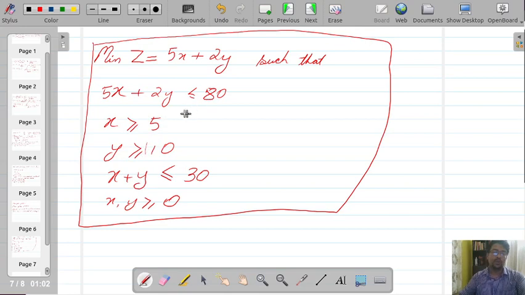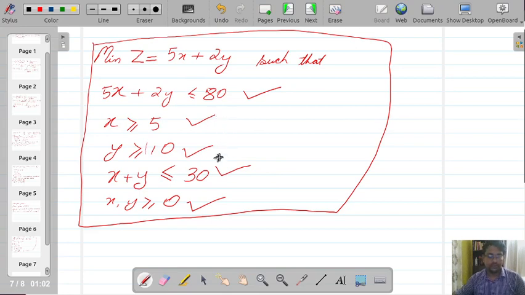Any values of x and y which satisfy all these constraints will be called a solution of this linear programming problem. Any values of x and y that satisfy all the constraints of the LPP is called a solution of the LPP.